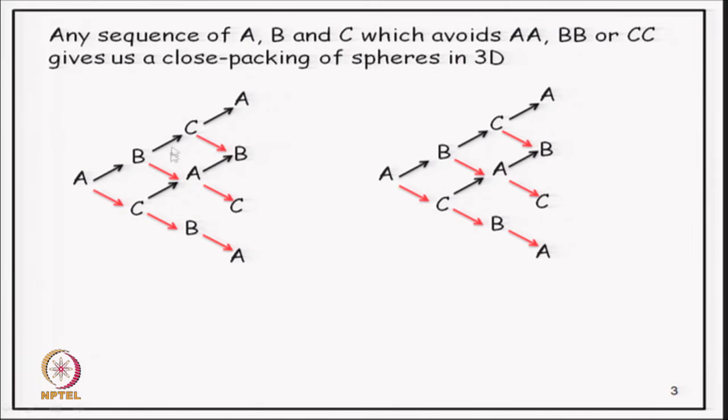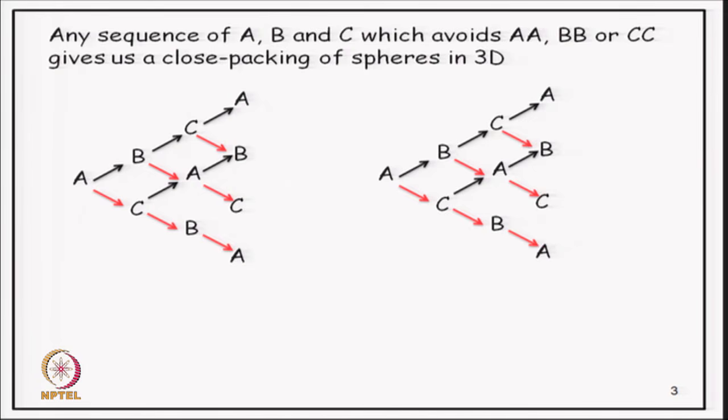So, I have shown you that we can begin with A and then we can go to B. On B, I again have a choice of C or A, on C I have a choice of B and A, and so on.